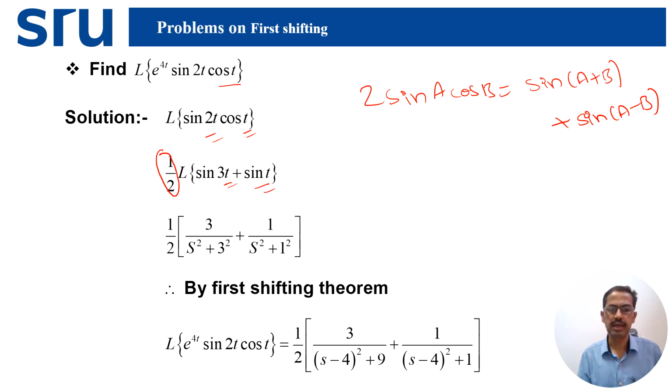Now apply the Laplace transform of sin 3t, which is 3 by s square plus 3 square, and of sin t, which is 1 by s square plus 1 square.